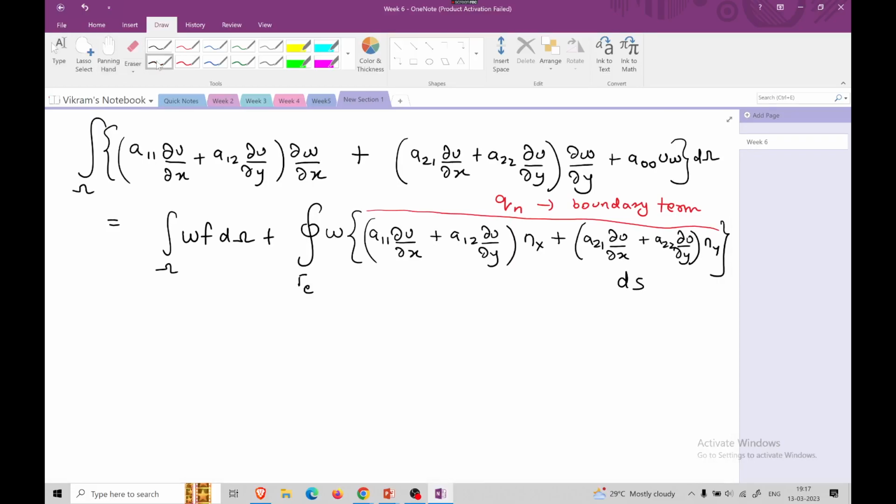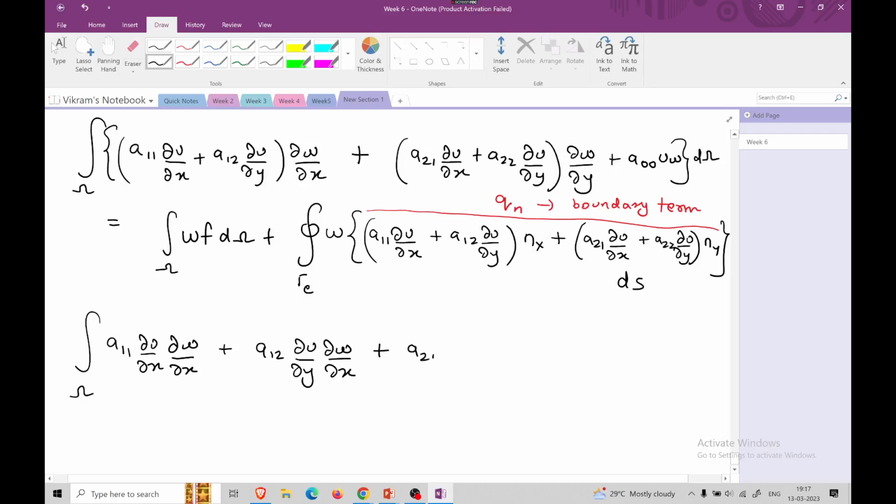So I will expand all the terms inside now. So a11 dou u by dou x into dou w by dou x, plus a12 dou u by dou y into dou w by dou x, plus a21 into dou u by dou x dou w by dou y, plus a22 dou u by dou y into dou w by dou y, plus a00 uw.